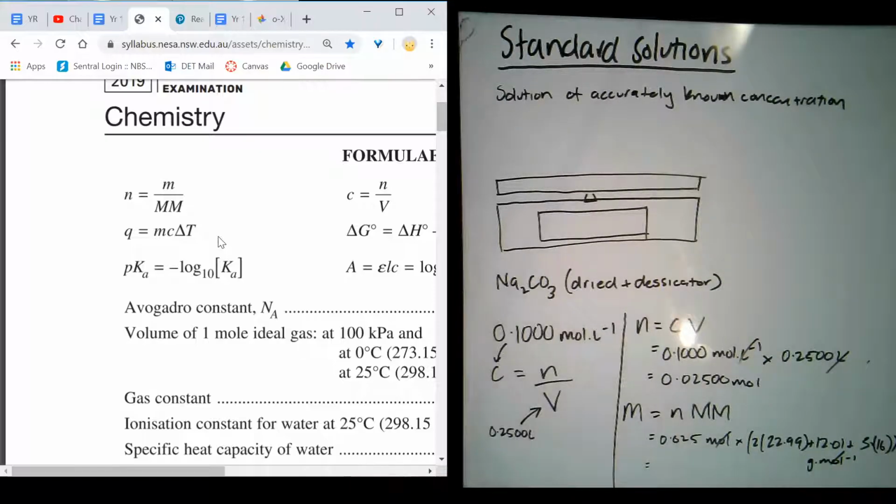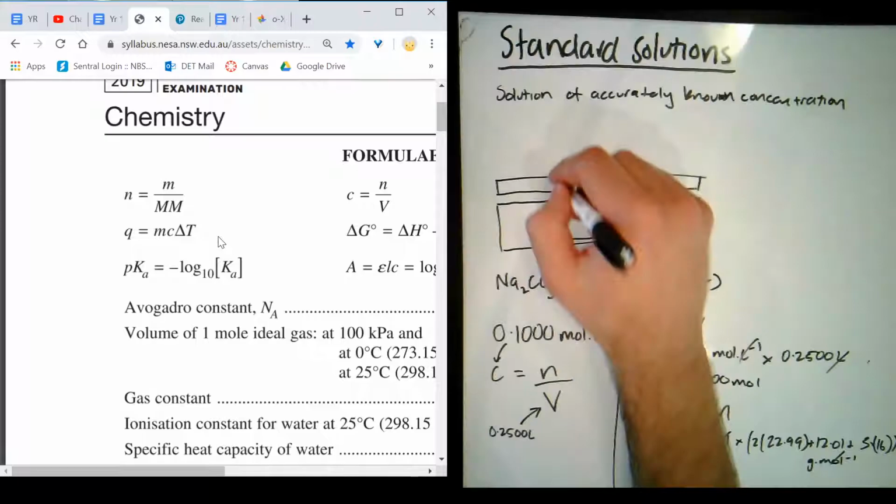So let's do that really quickly on our calculator. 0.025 multiplied by 2 sodiums, 22.99, plus 12.01 for our carbon, plus 3 times 16 for our oxygens, and we end up with 2.64975 grams.